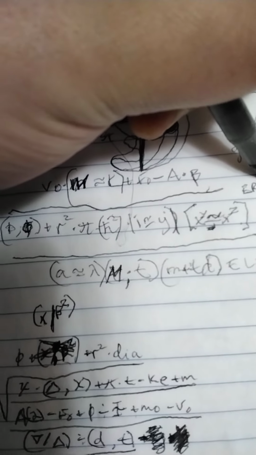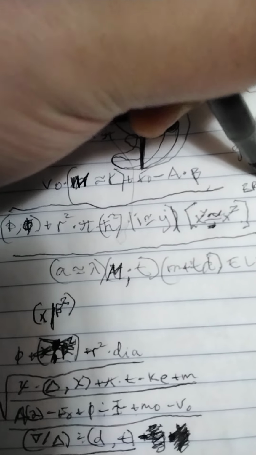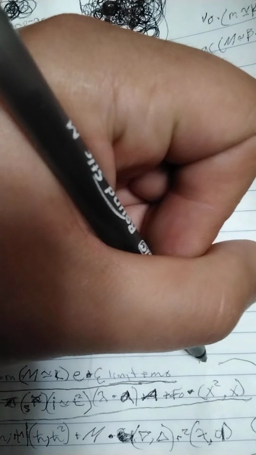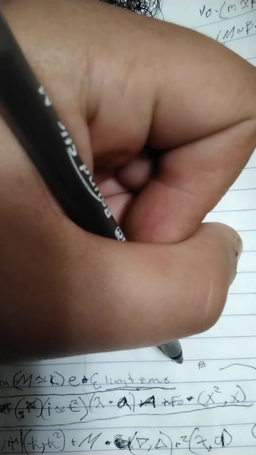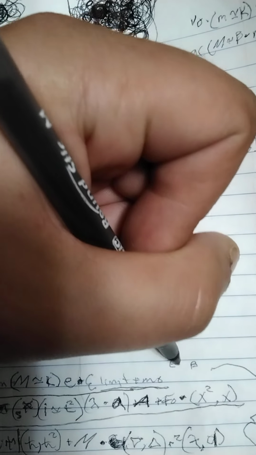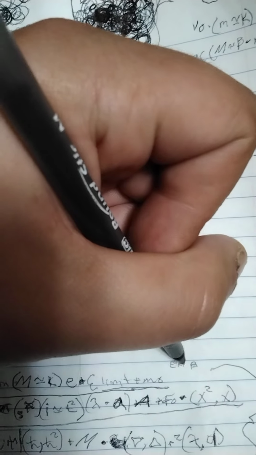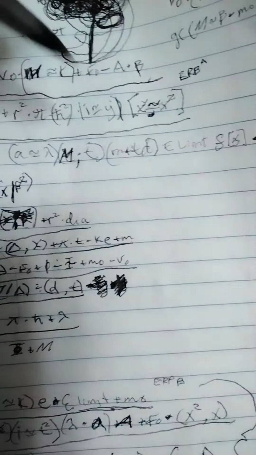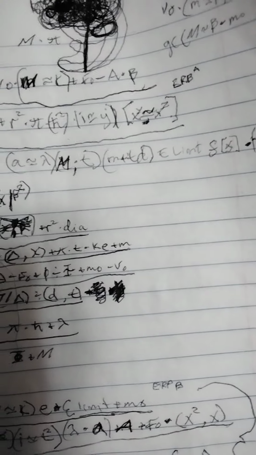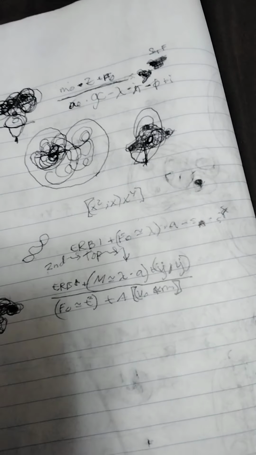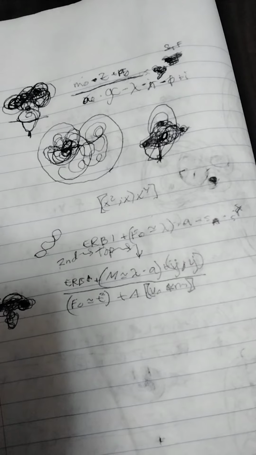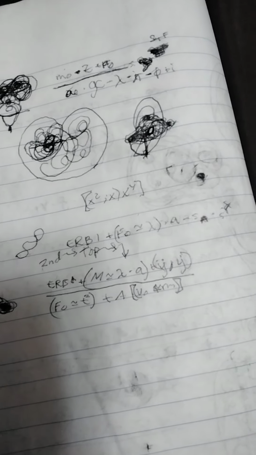ERPBA, ERPBB. And then after that, this is its own equation to fix itself in with time, but this is truly what the Einstein-Rosen bridge was about.